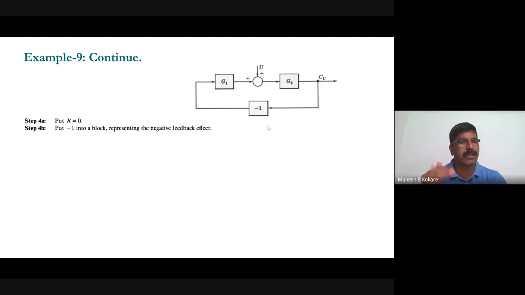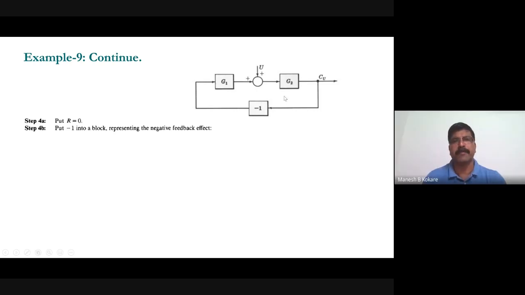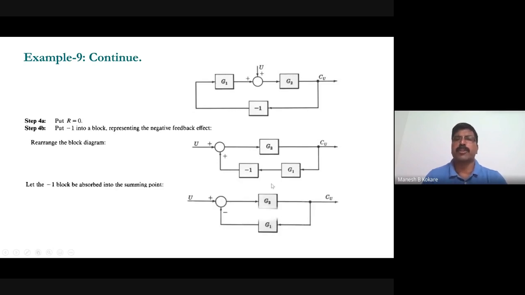Because G1 is H1 now. So G2 upon 1 plus G1, G2, right? Yes, sir. So CU by U will be equal to Z2 upon 1 plus Z1, Z2. So this will be the overall transfer function, Z2 upon 1 plus Z1, Z2. That will be your final transfer function.